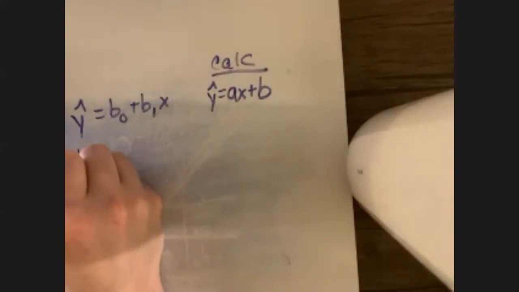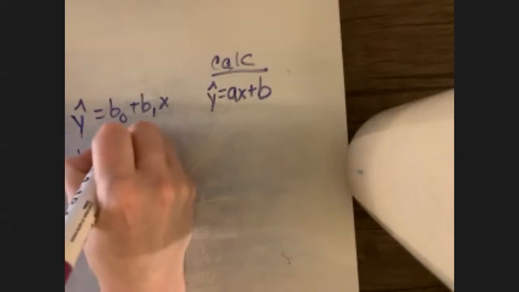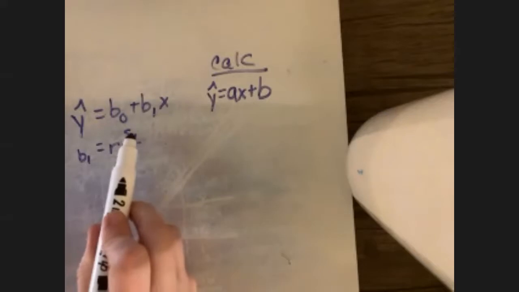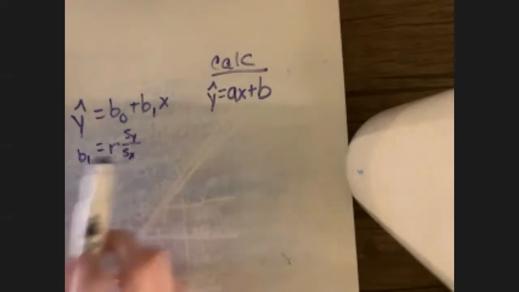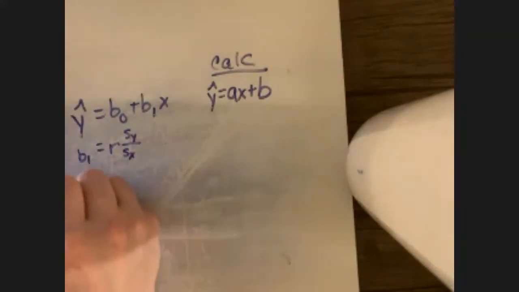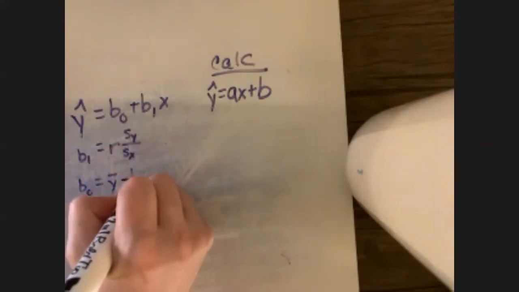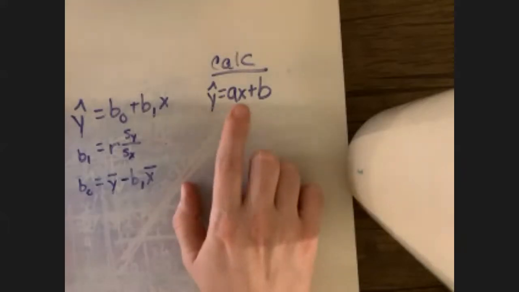Now, b1 is the r value times the standard deviation of y over the standard deviation of x. This b sub 0 right here is y bar, which is the mean of the y's, minus b1 times the mean of the x's. Now then, with a calculator, we're going to see this done this way.